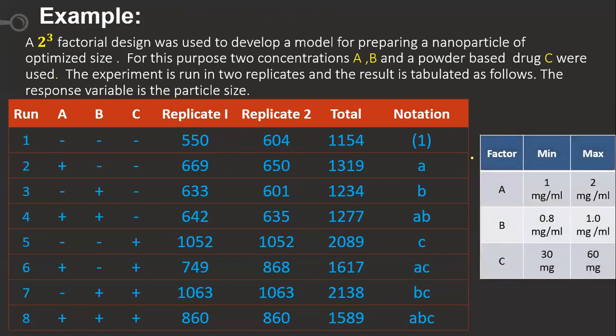Now here, factor A. What is the minimum value here? It is nothing but 1 mg per ml. Now, what is the maximum? This is 2 mg.